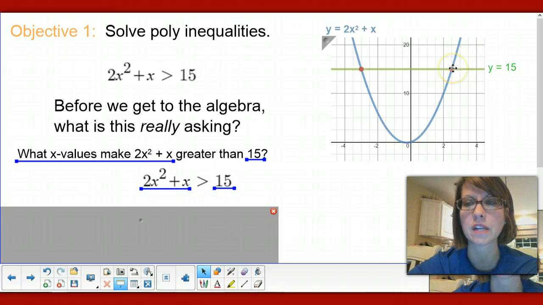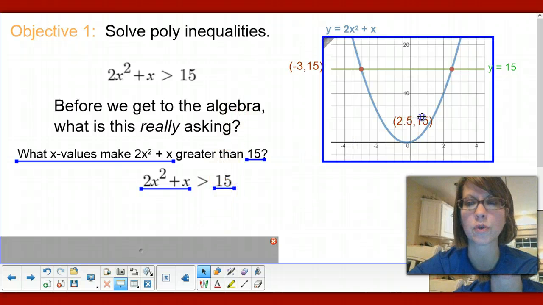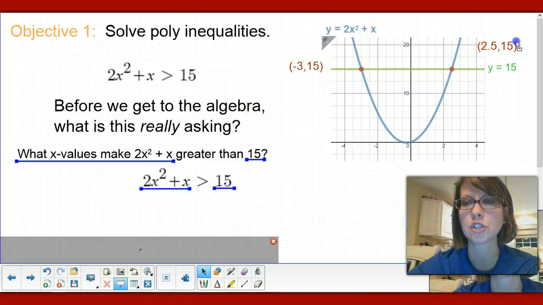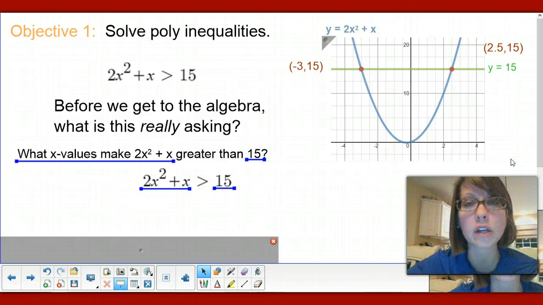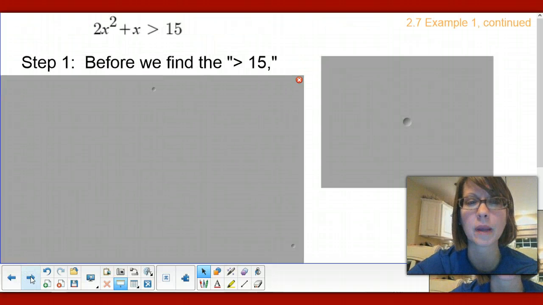The intersection points are (-3, 15) on that side, and (2.5, 15) on the other side. I'll talk about exactly how I found those two algebraically in a minute, and I'll show you how to write your answer as a solution set a little later.